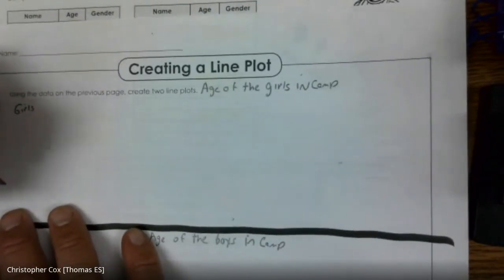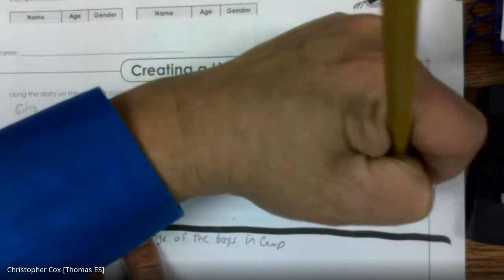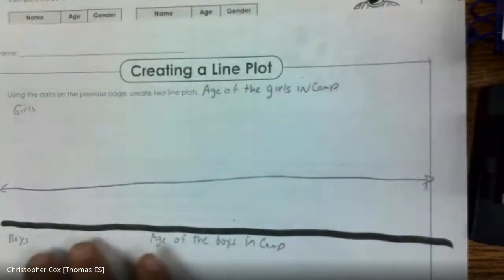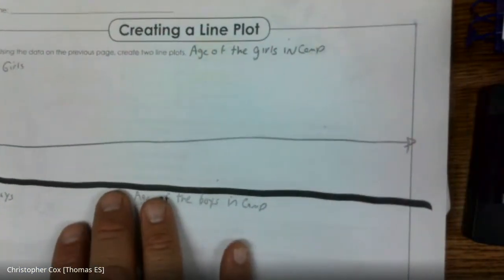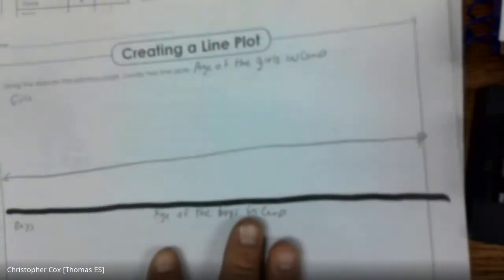To create a line plot, you've got to have a number line. I gotta leave some space so I can make my line plot look good. And then I got to start graphing everyone here.